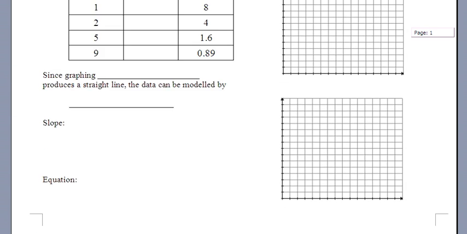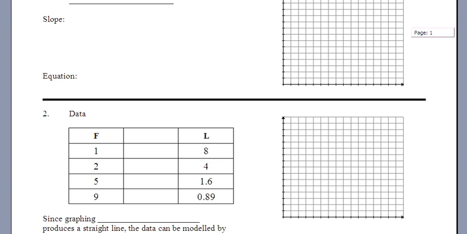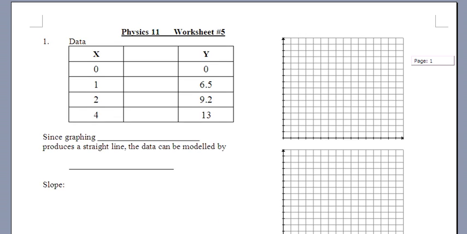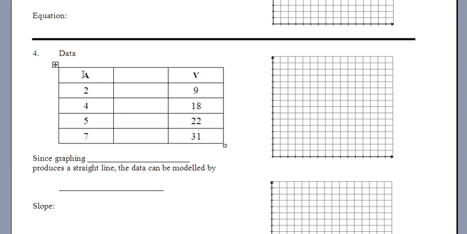I will give you a hint so that you don't do too much work: remember, sometimes graphs are already straight. Sometimes they're linear. So what you're going to find in these 4 graphs is that 3 of them are curved. You'll have to do a second graph for each of those. But one of them, when you go to plot the data points, it's going to come out straight already. And in that case, you don't modify the x-axis at all. You just slope triangle your already straight line and come up with a nice, easy equation.